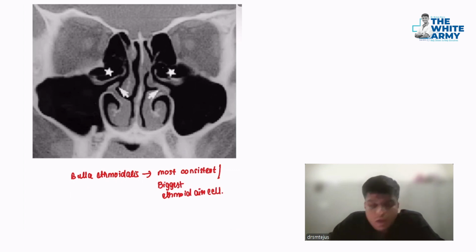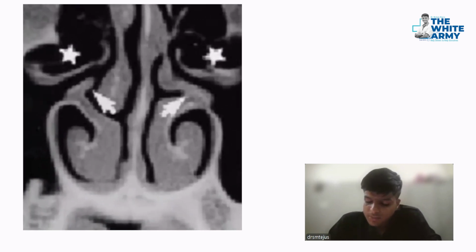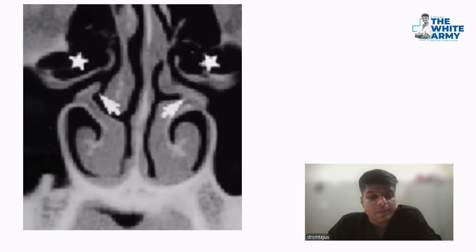We'll discuss bulla ethmoidalis again in the anatomical class on ENT. But as of now, just remember that the bulla ethmoidalis air cell is present in the core of the ethmoid cells.